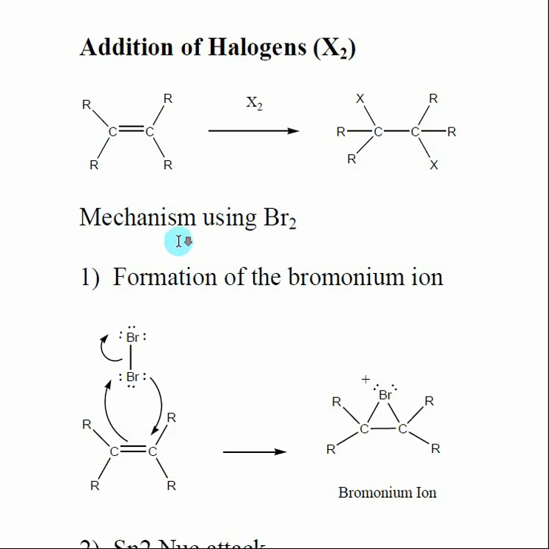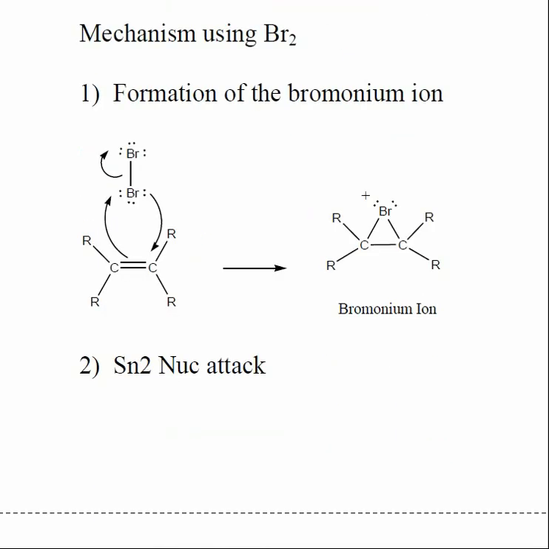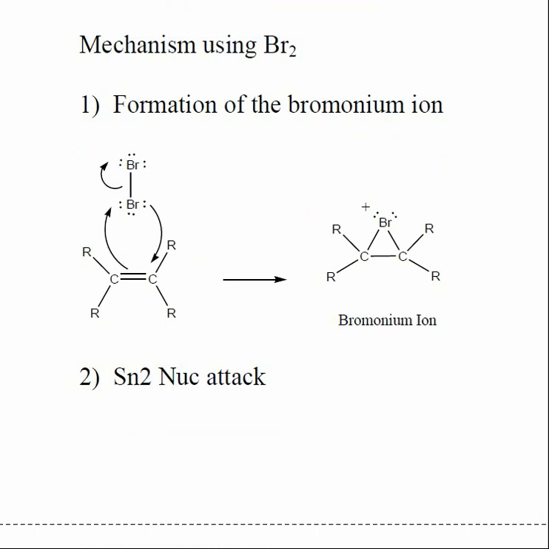With the mechanism now, we are going to see, once again, as we're learning more and more about organic chemistry, that sometimes in certain mechanisms there might be a named intermediate. The intermediate that we form has a formal name, and you're expected to know that name. The intermediate that we form after the first step in the mechanism of bromination is called the bromonium ion.